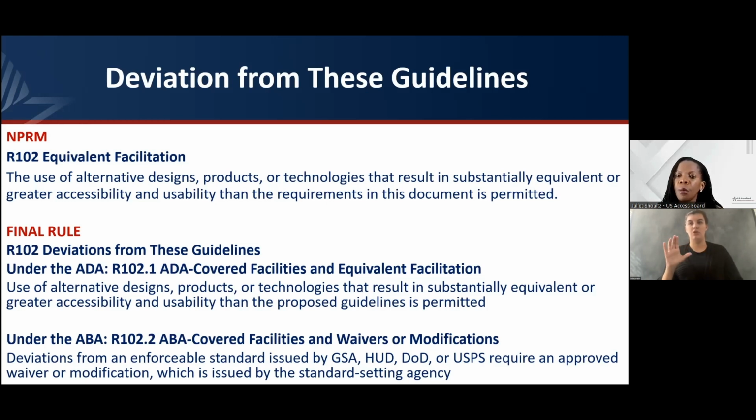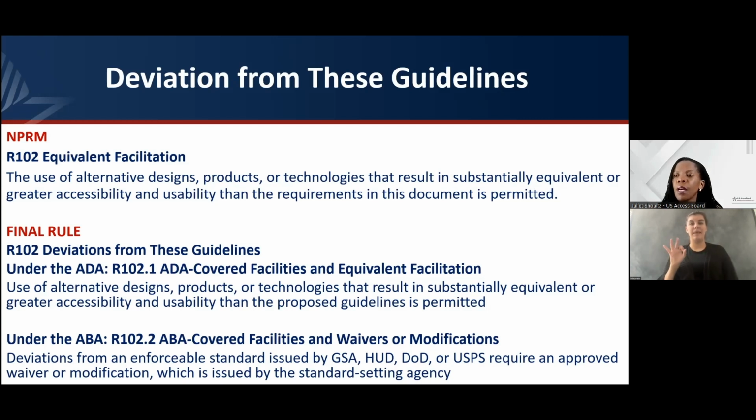So to address that, we added a provision at R102.2, explaining that under the ABA, deviations from an enforceable standard issued by GSA, HUD, DOD, or the USPS require an approved waiver or modification, which is issued by the standard setting agency upon determination that the waiver or modification is clearly necessary.